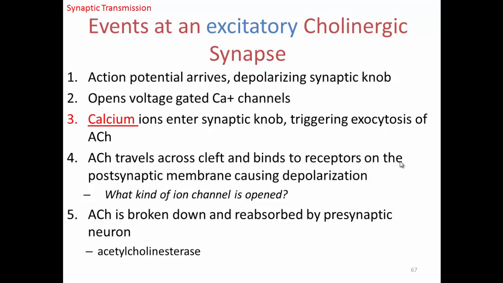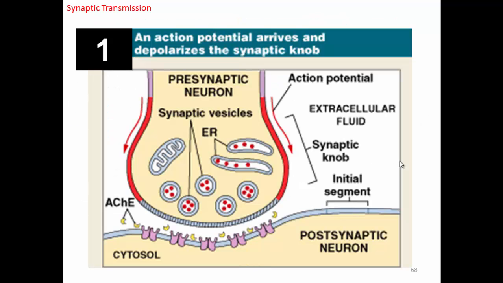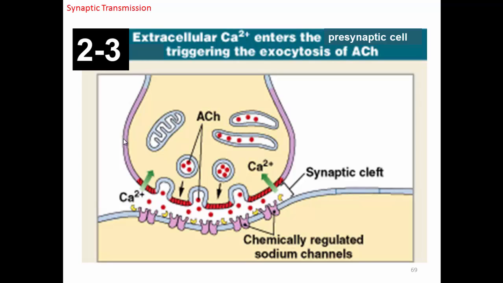All right, the steps are here. Let's take a look at them in more detail. Step number one of synaptic transmission at a cholinergic synapse is the action potential arrives at the knob. So in this picture we can see the action potential is arriving at our synaptic knob. That's the red in the picture. Step number two is that calcium comes into the synaptic knob. The reason why calcium comes into the synaptic knob is because there are voltage-gated calcium channels on the cell membrane of the synaptic knob.